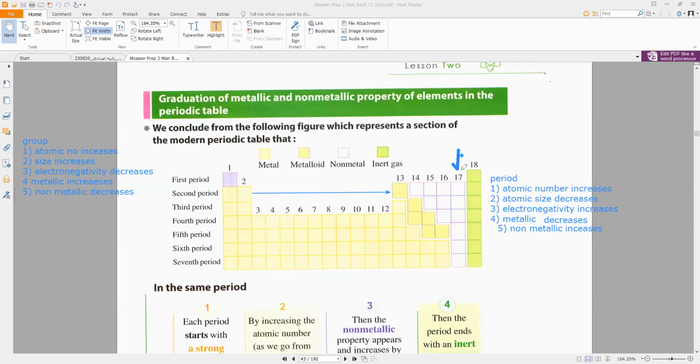The group 7A has the strongest non-metal, but group 1A has the strongest metal. Cesium, at the bottom of the left side of the table, is the strongest metal in group 1A, and fluorine is the strongest non-metal in group 7A. Group 1A has the strongest metal, and the strongest non-metal is in 7A, or 17 in the modern numbering. This is what happens to the metallic and non-metallic properties.